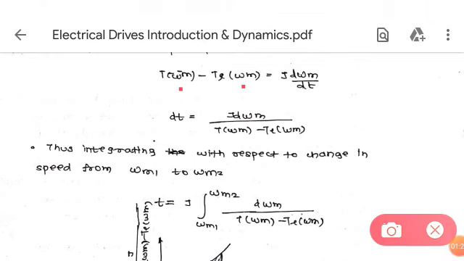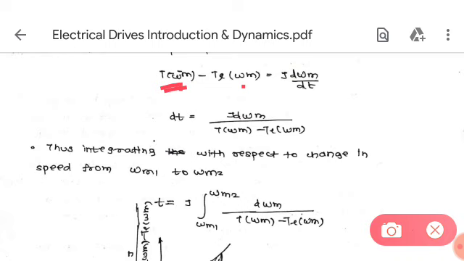That means the torque must be a function of speed. Load torque as well as motor torque must be functions of speed, and obviously they are, because we always plot a torque speed characteristic and write the equation of the torque speed characteristic. For any motor, it is written as torque which is a function of speed.